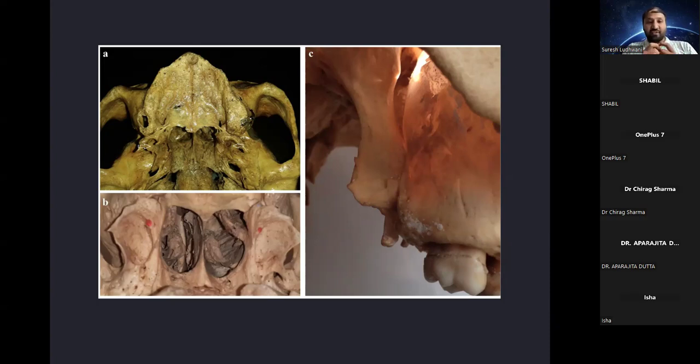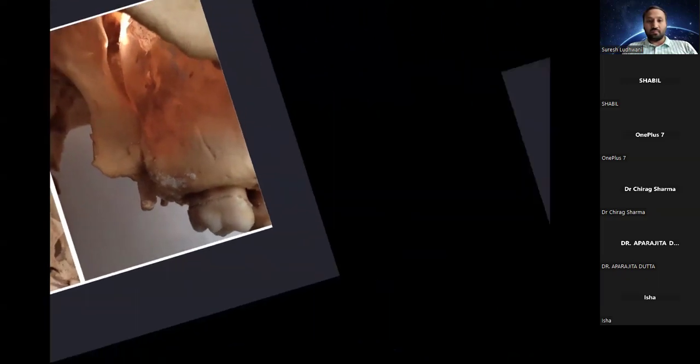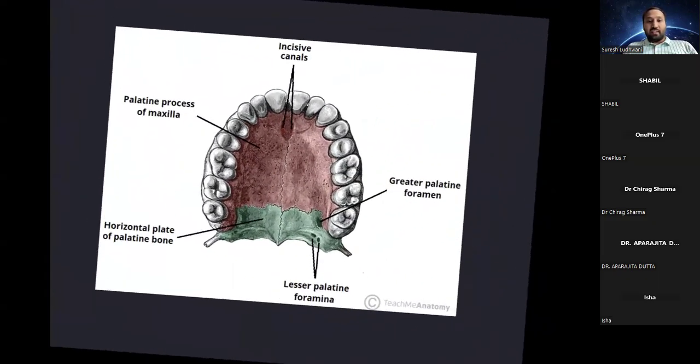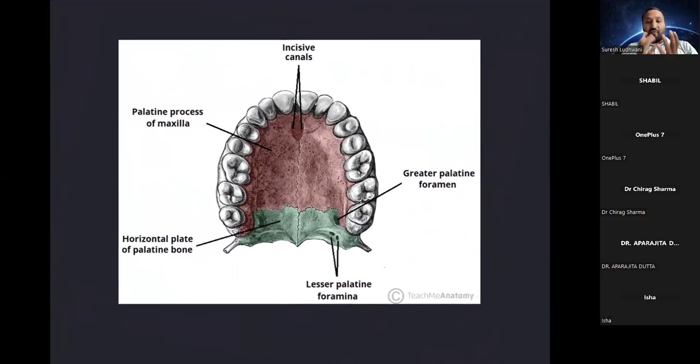Why I'm emphasizing it, I will tell you in the subsequent slides. Coming back, when I see it from above, you can see the horizontal part of the palatine bone, the greenish part, which is the extension I called the triangular part.